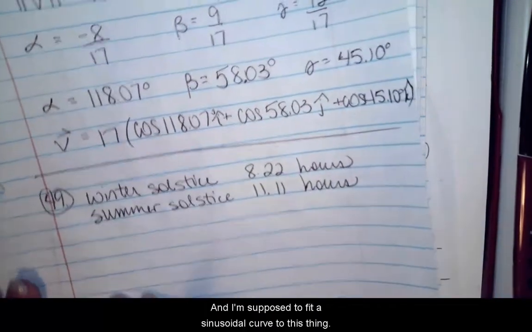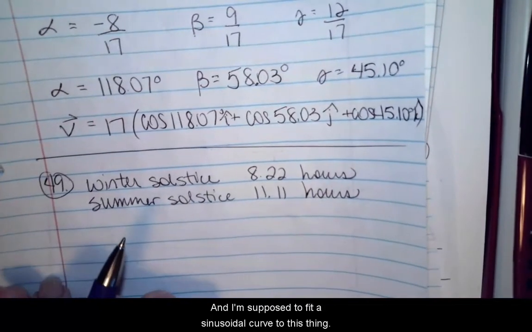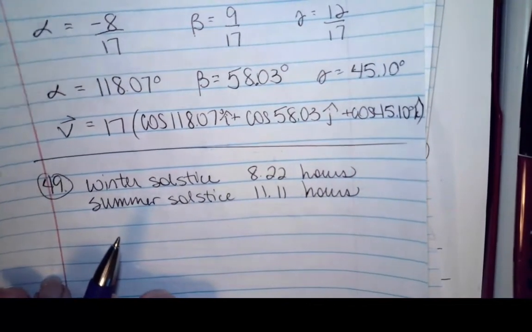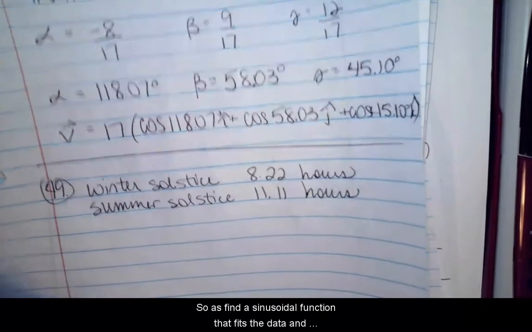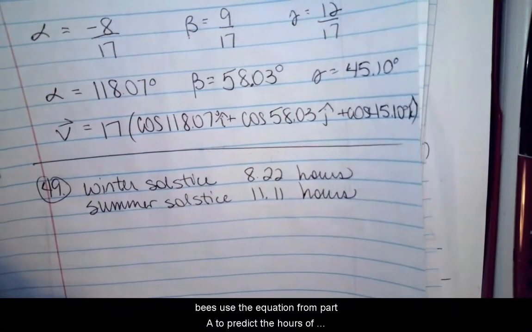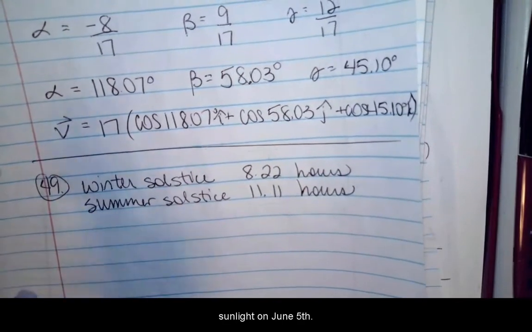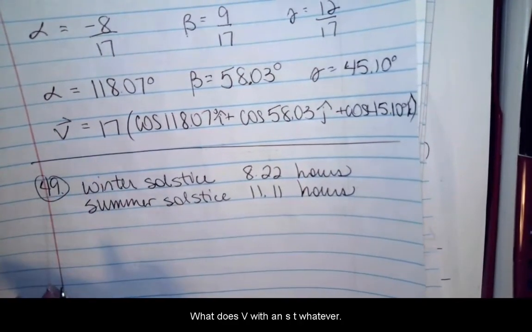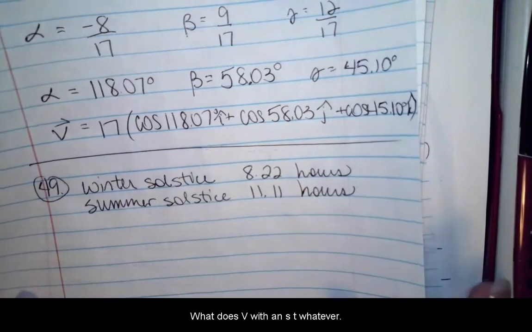I'm supposed to fit a sinusoidal curve to this. Part A is find a sinusoidal function that fits the data, and part B is use the equation from part A to predict the hours of sunlight on June 5th.